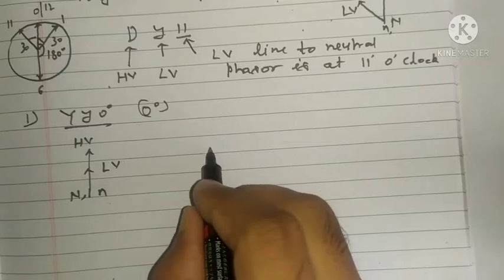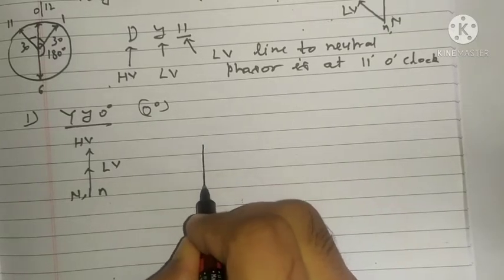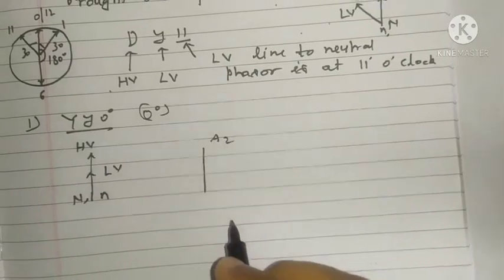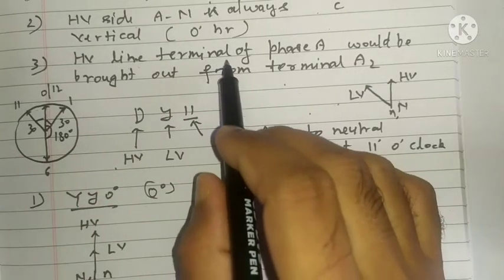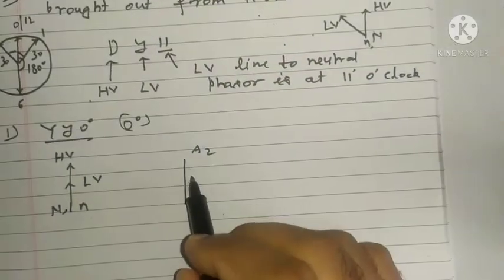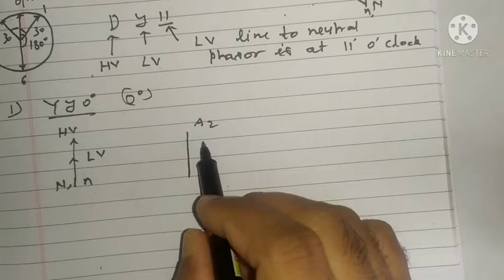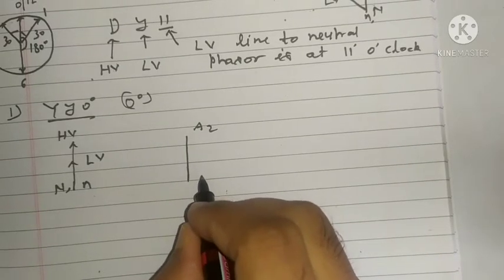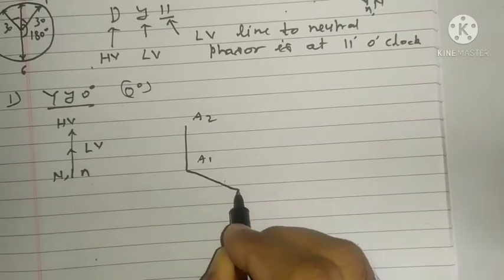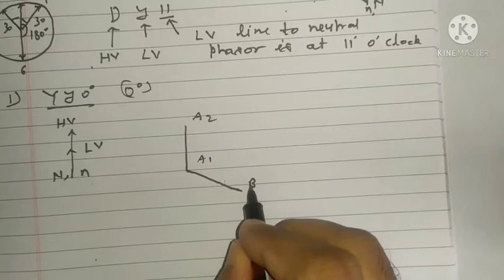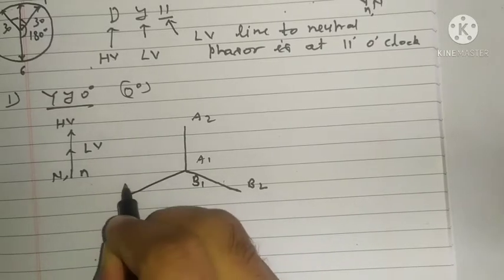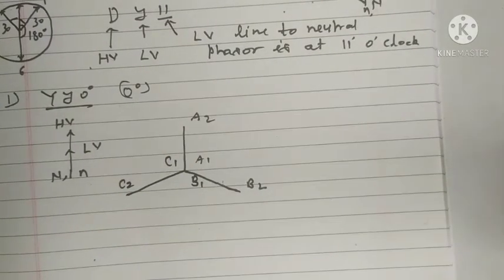Following this, I will draw first HV side terminals. Third convention is HV line terminal of phase A would be brought out from terminal A2. So phase A terminal I am bringing from A2. So it will be A2 A1. Then following phase sequence I will have here B2 B1, and third will be C2 and C1, right?